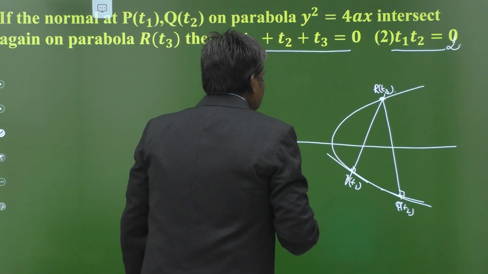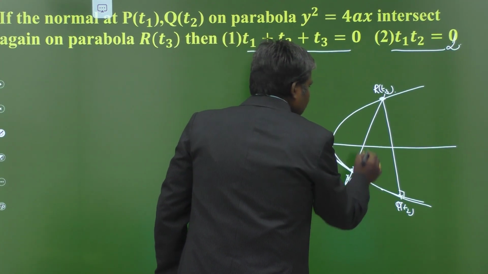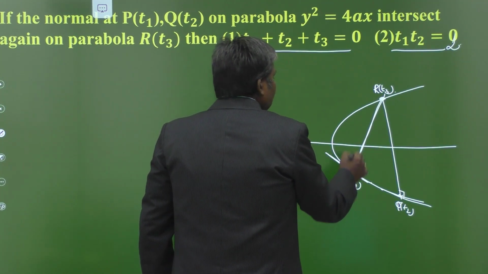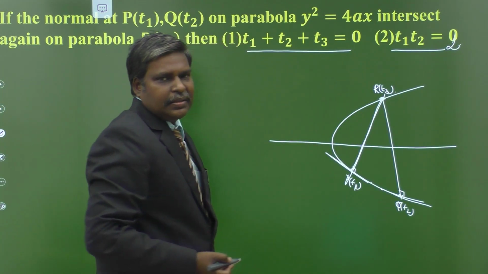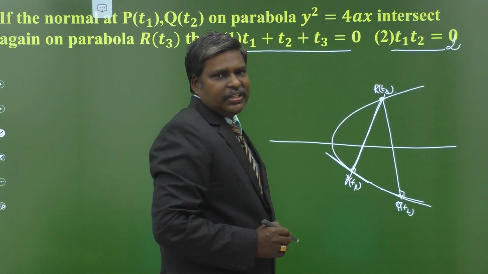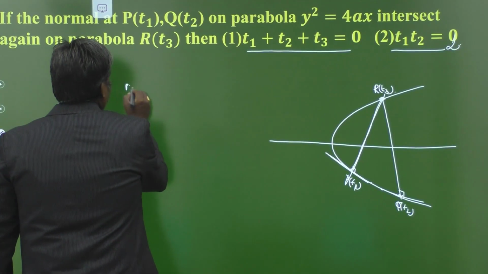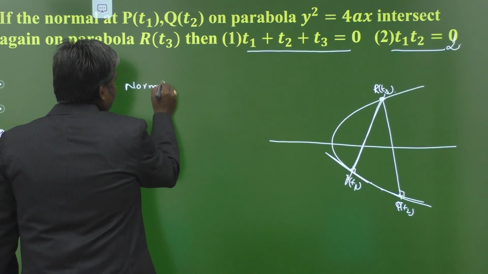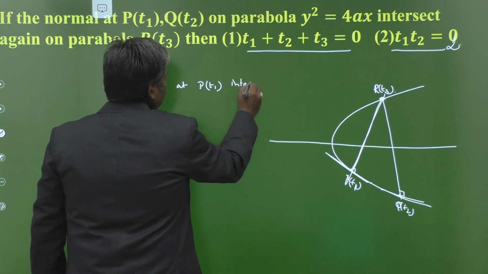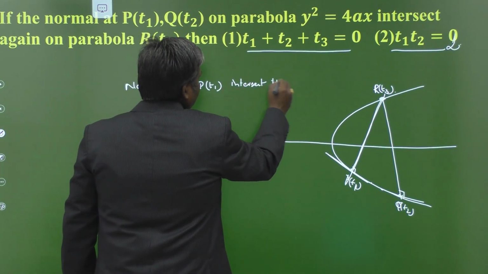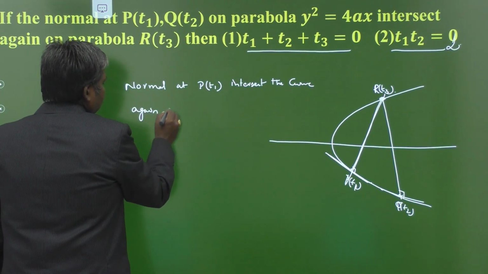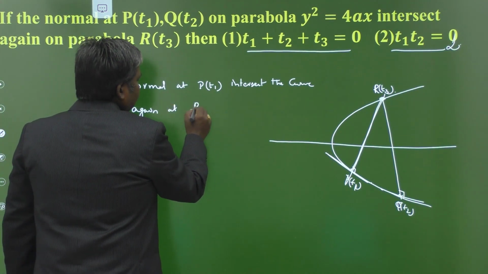How to prove this one? See here, observe PR. PR is the normal drawn at P(t1) to the parabola. It intersects the parabola again at t3. Am I correct or not? The normal at P(t1) intersects the curve again at R(t3).